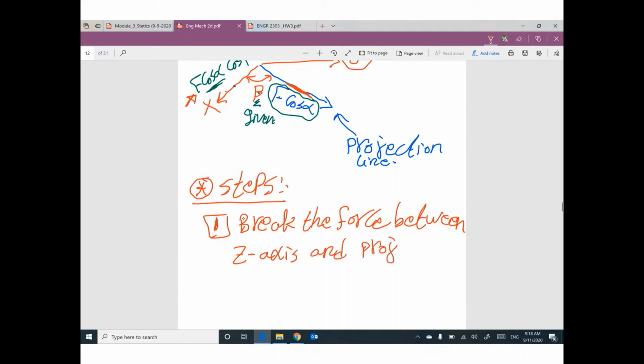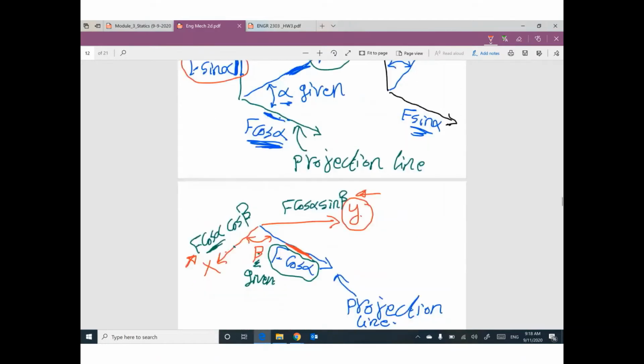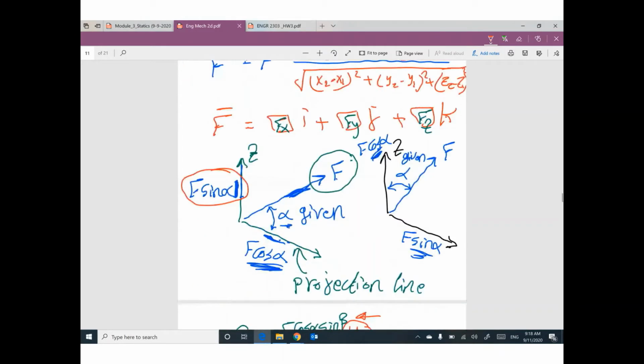This is the first step. Which one will be sine, which one will be cosine? I don't know. It's based on how this angle is given. But I know the component adjacent to the given angle is cosine, and the component far away from the given angle is sine. So first step, we need to break the given force between the projection line and the Z-axis.